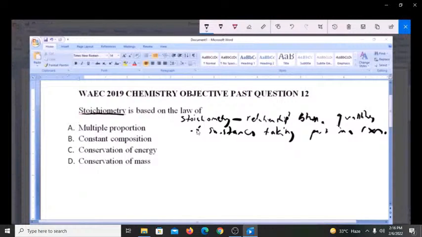Now, the law of multiple proportion. Multiple proportion, like I said, it's a law.